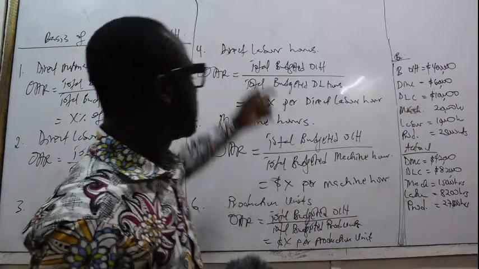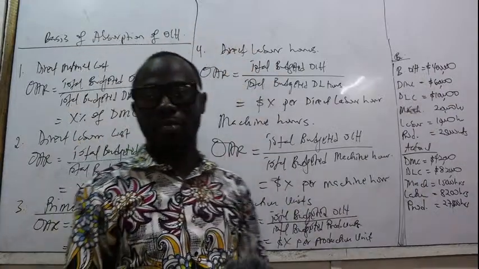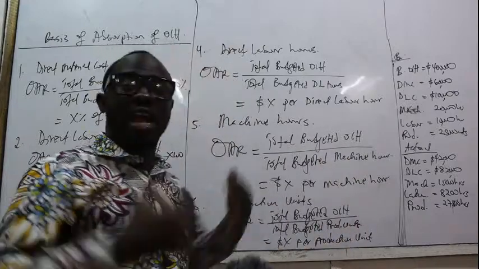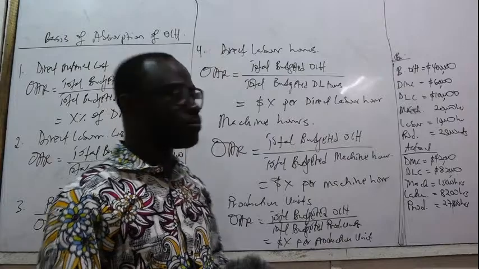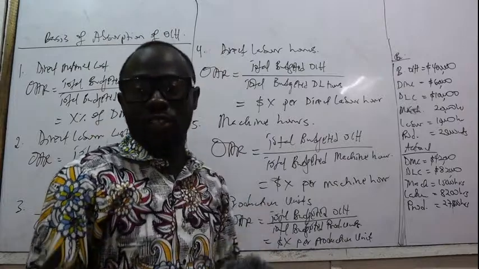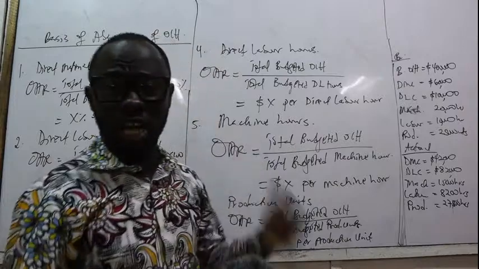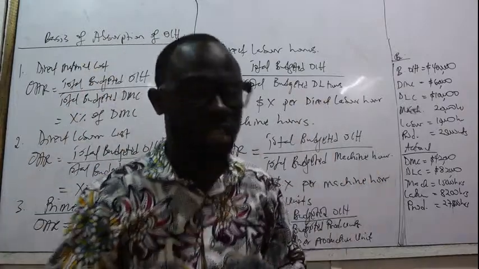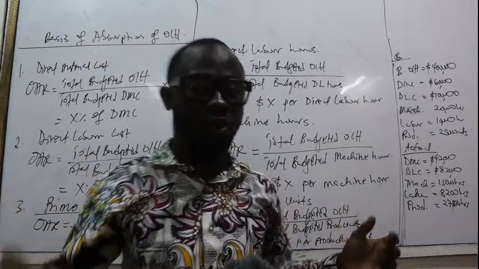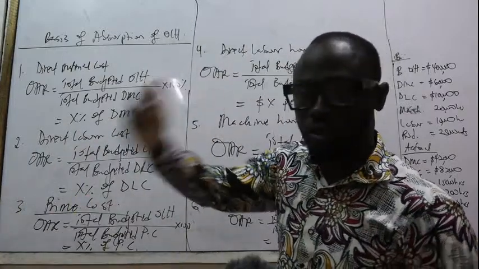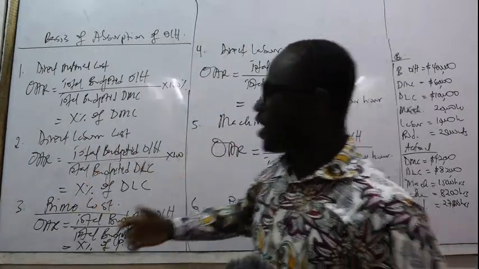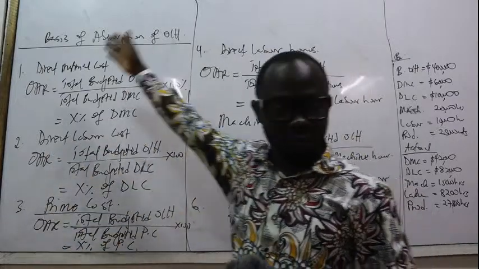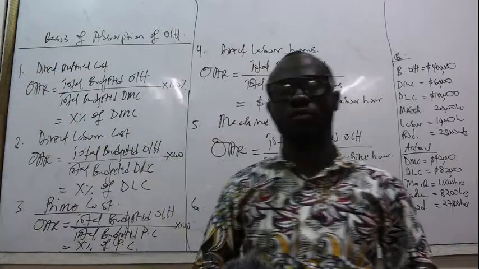If yes, then they can use the direct labor hours. Then where it's not realistic for the organization to either measure the production unit or determine the machine hours or the labor hours, especially if it is a service organization, consultancy, and all of those things, then they would want to absorb the overheads either using the direct labor cost or the prime cost, or if you want, material cost, if that is possible.